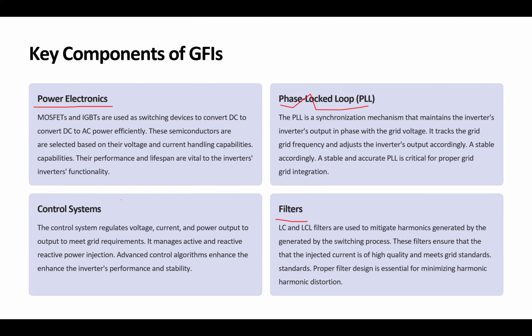Today I'm going to introduce the concept of the phase lock loop and the control loop, basically the PID control system. But next week, we are going to delve a little deeper into each of those components because they are very important parts of our design when we talk about grid following inverters.